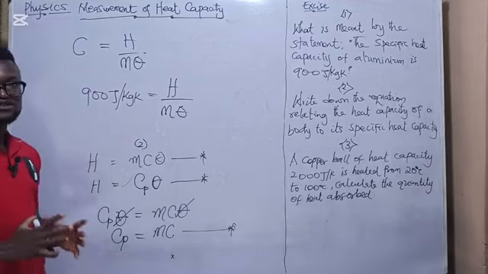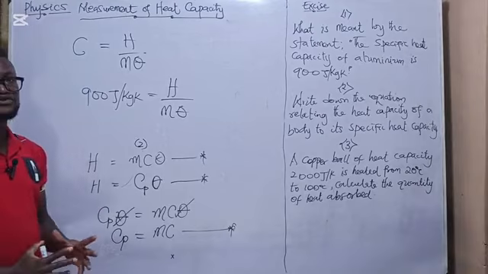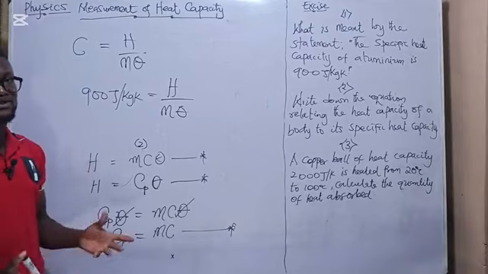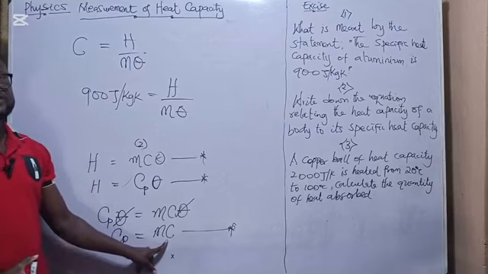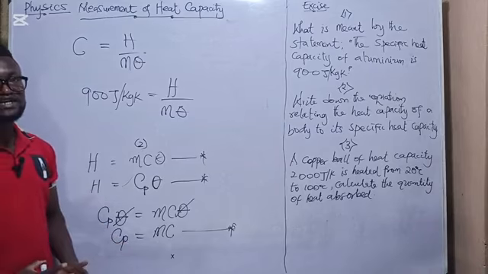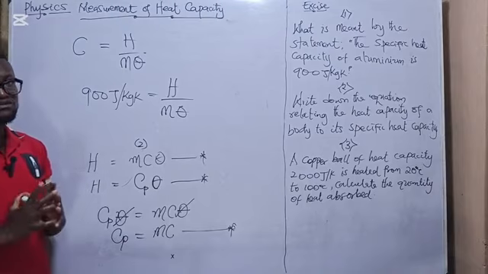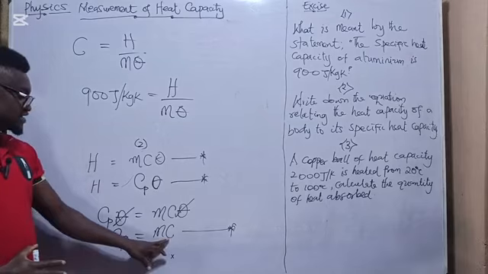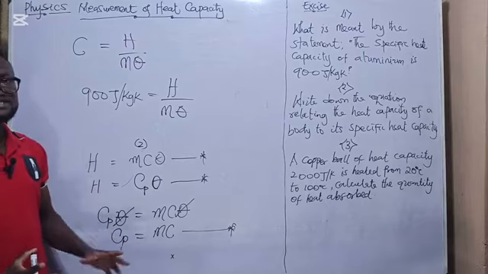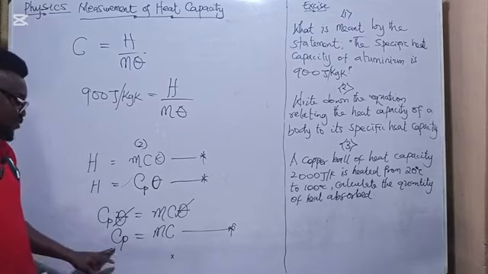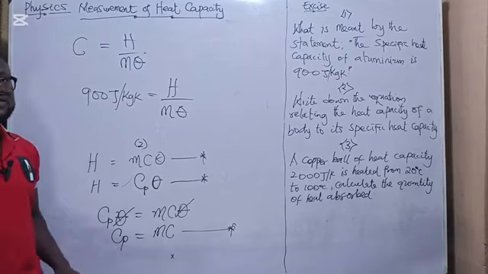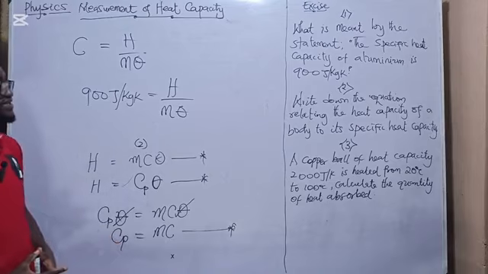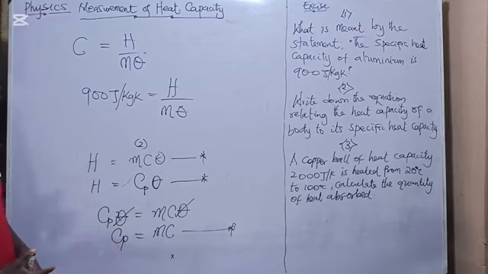The heat capacity is not concerned with the unit mass. Any mass could be involved. But once it comes to specific heat capacity, we must be referenced to 1 kilogram mass. So specific heat capacity deals with a unit mass, while heat capacity deals with the mass of any substance. That answers question number 2.